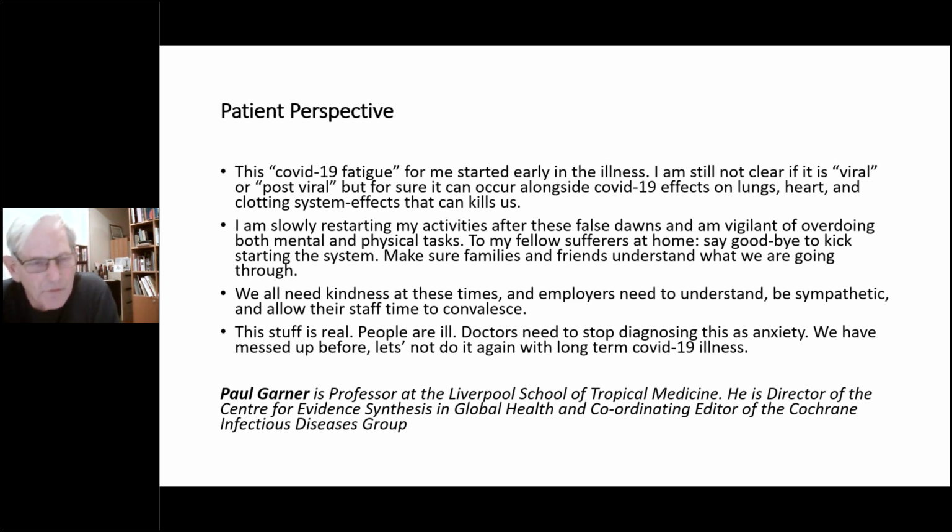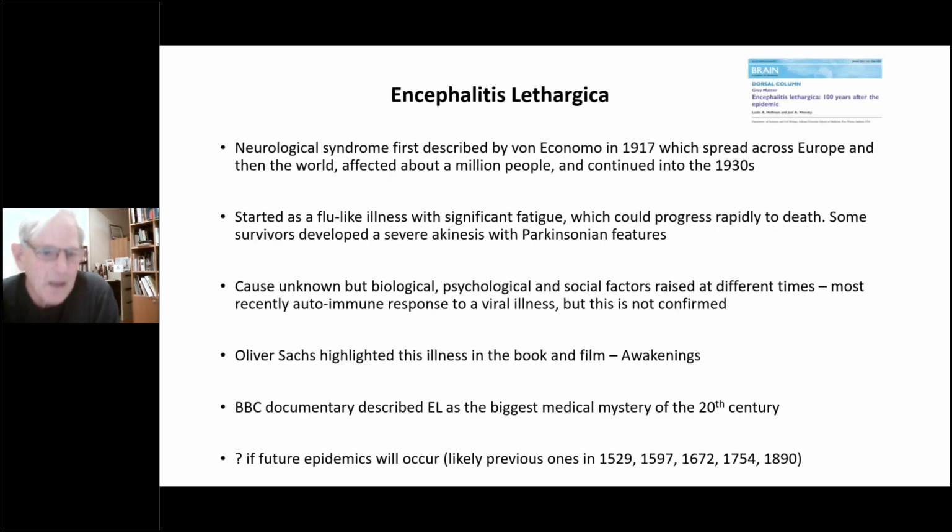And then finally, I just remind you of encephalitis lethargica, which was this sort of epidemic that spread across Europe and then the rest of the world and affected about 1 million people from around the time of the First World War through to the 1930s.